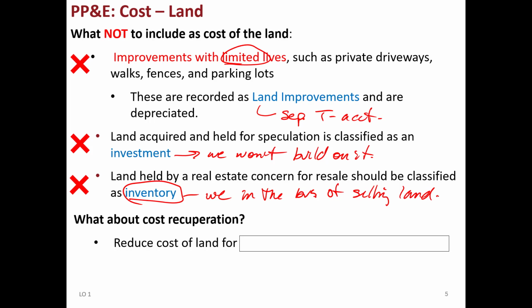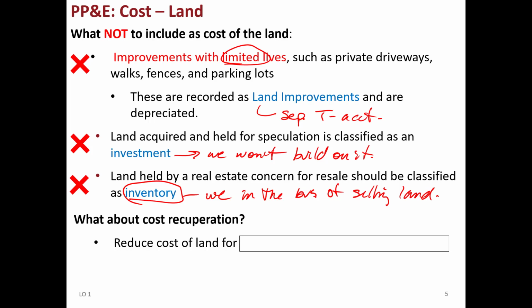What about cost recuperation? So remember how I told you about those buildings, like if we demolish a building. Well, let's say when we go inside the building, maybe there's a bunch of stainless steel that can be repurposed. Well, if we want to use it, we'll hang on to that. We'll record that separately in a different type of T account. But let's say there's some type of special fixtures or copper. Copper's a big one.